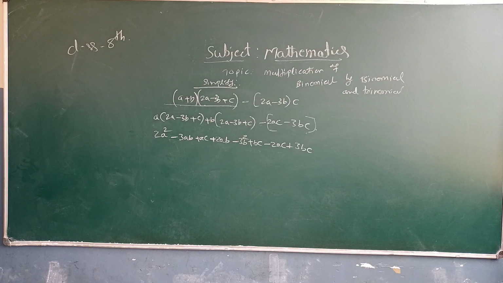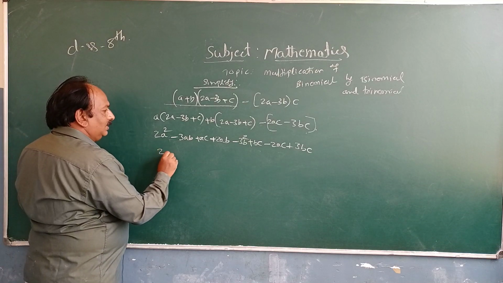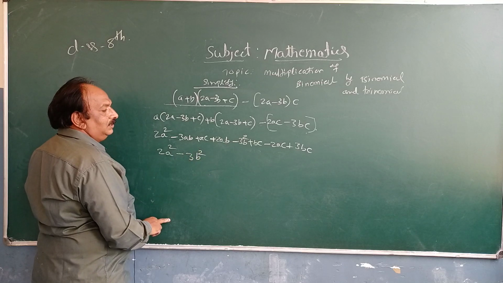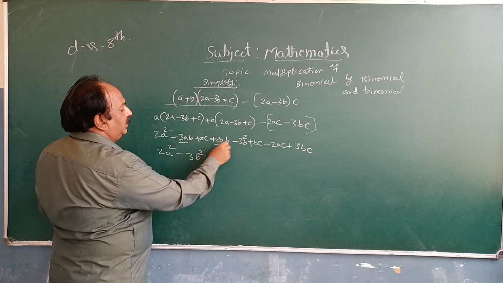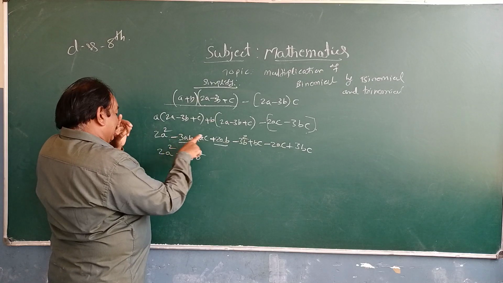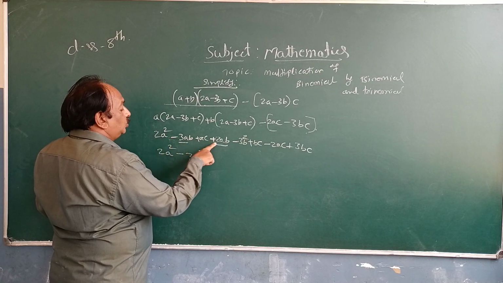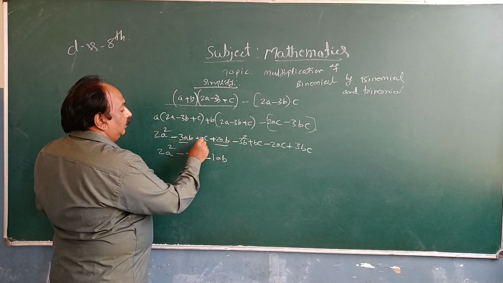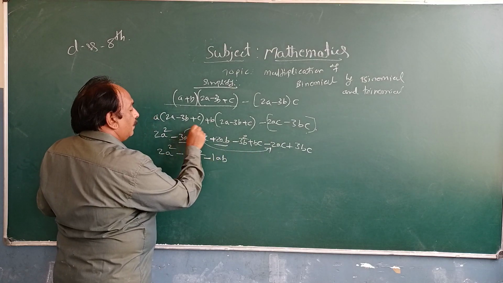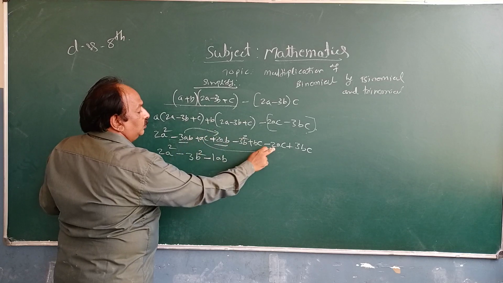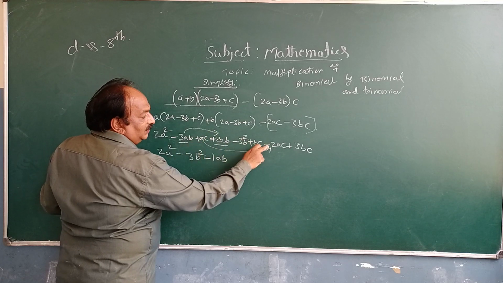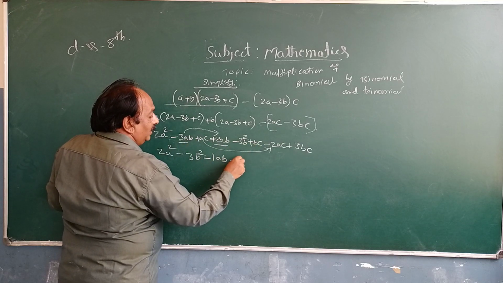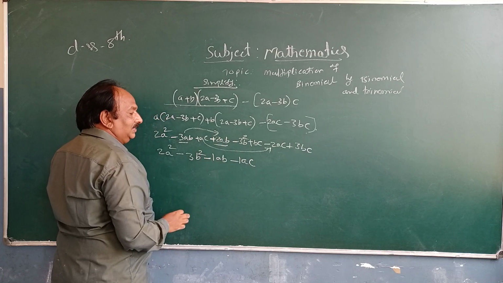Now, 2a square minus 3b square. Like the 3ab and 2ab: one is minus, another is plus. 3 minus 2 is 1, greater number minus, so minus 1ab. This one, ac and 2ac: one is minus, another is plus. Subtract, 2 minus 1 is 1, minus 1ac, or you write simply ac.